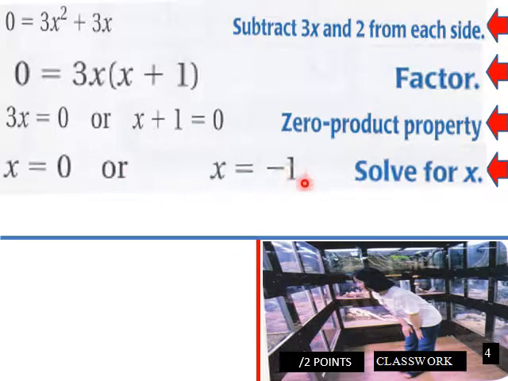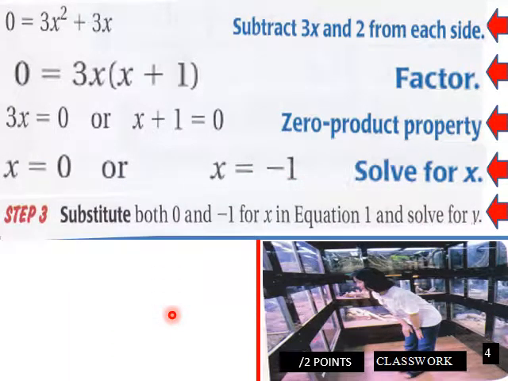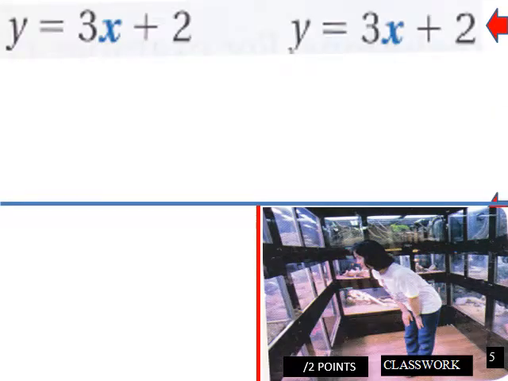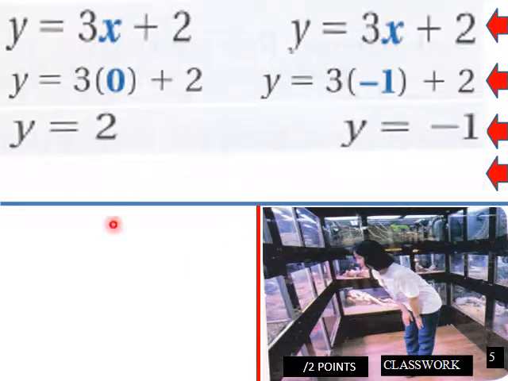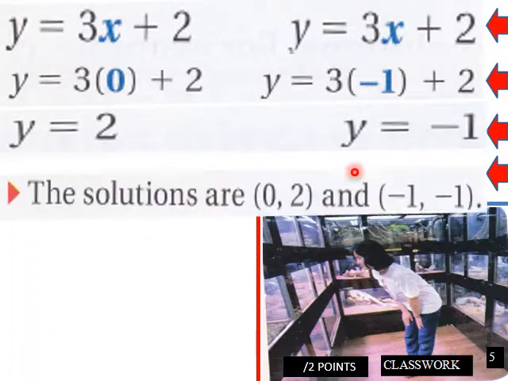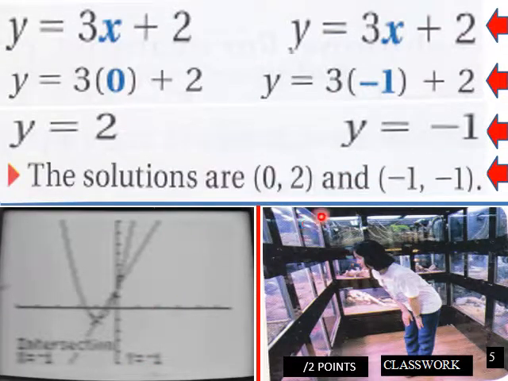X equals 0, x equals negative 1 would be our two solutions there. Substitute both 0 and negative 1 for x and solve for y. We know our x, now we've got to solve for y. We plug in our values there and we get y equals 2 and y equals negative 1. The solutions are (0, 2) and (negative 1, negative 1).